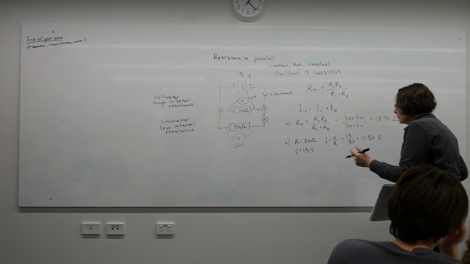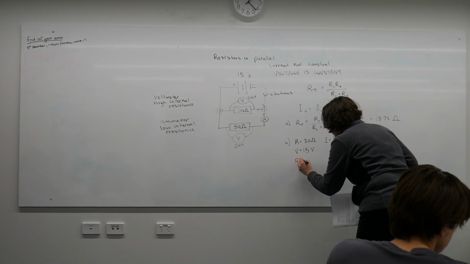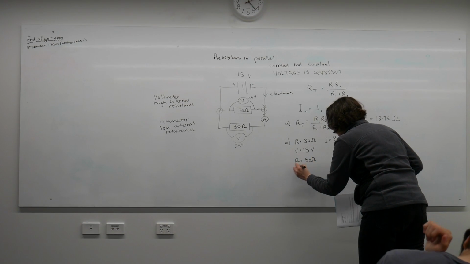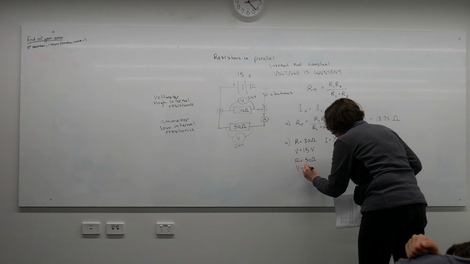And then the current through the 50 ohm resistor. Remember that our voltage is constant.